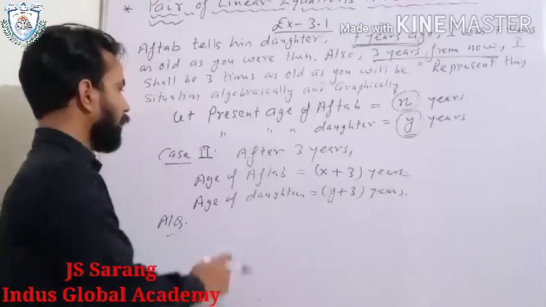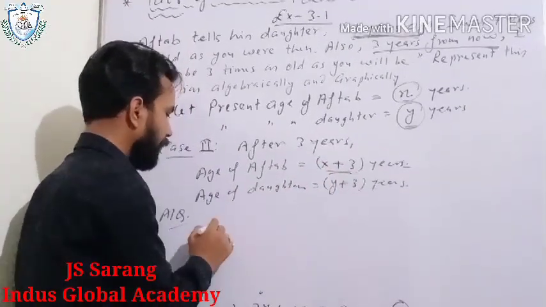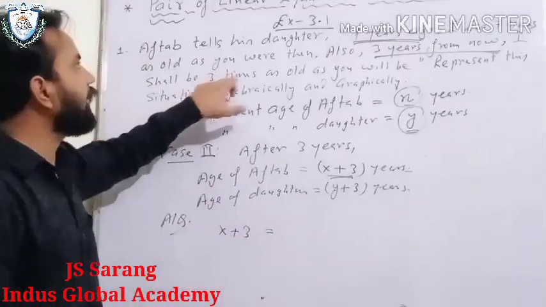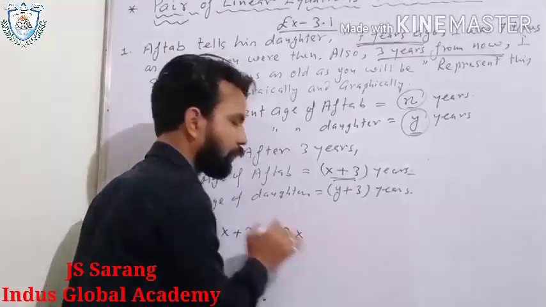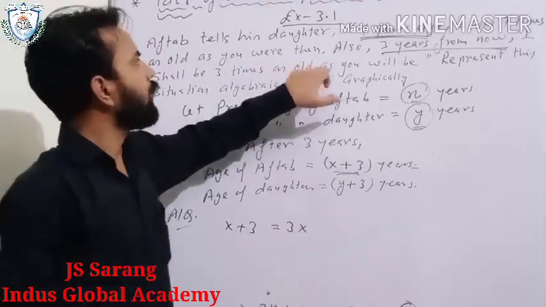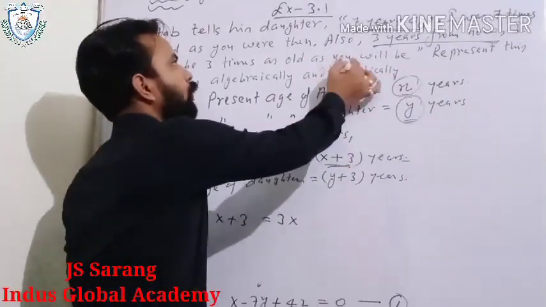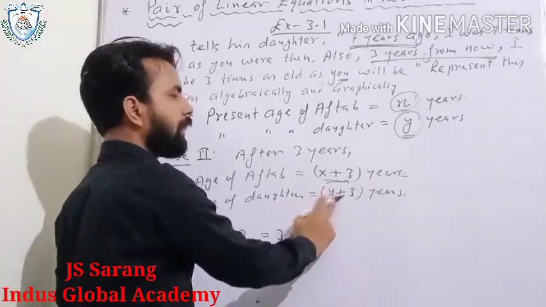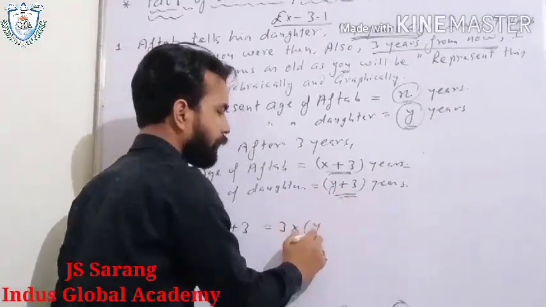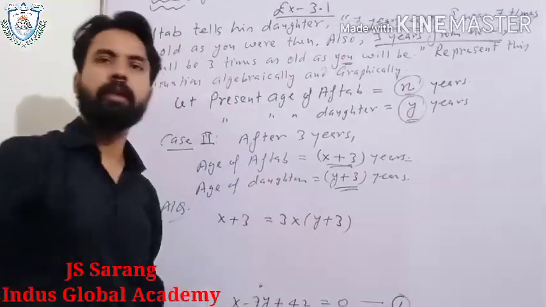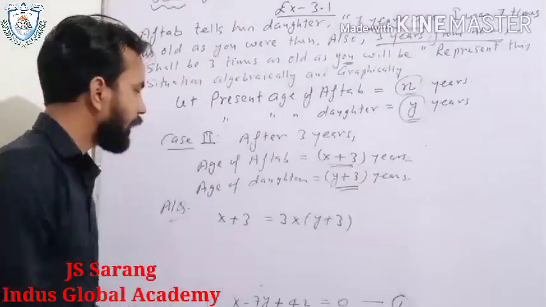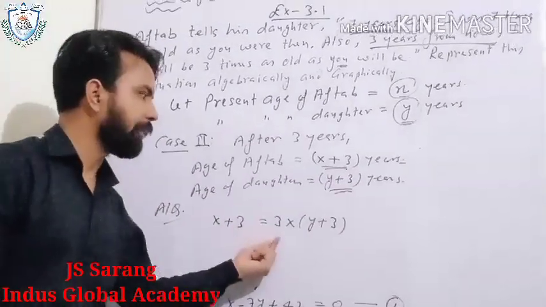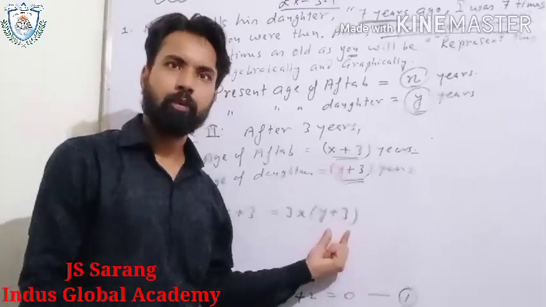So the age of Aftab after 3 years will be x plus 3. So the age of Aftab shall be 3 times, 3 times means 3 into, as old as you will be. You stands for his daughter, and the age of the daughter after 3 years will be y plus 3. Understood? This means that the age of Aftab after 3 years will be 3 times the age of his daughter. Hope it is clear?